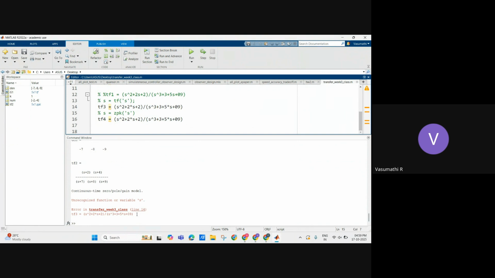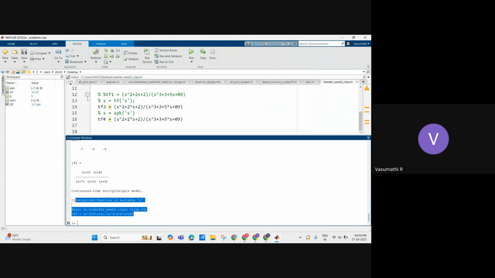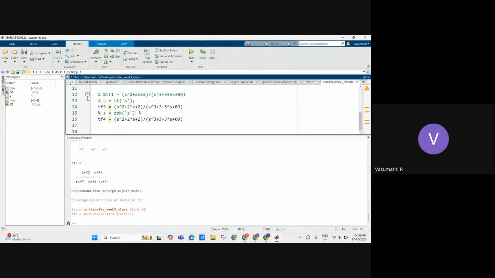Yes, this error will come. So now you will be familiar with this error. So whenever this error throws, you have to define what the S is here. Otherwise, you have to write it in terms of a coefficient. Any doubts in this? No. Okay, I hope that's clear.